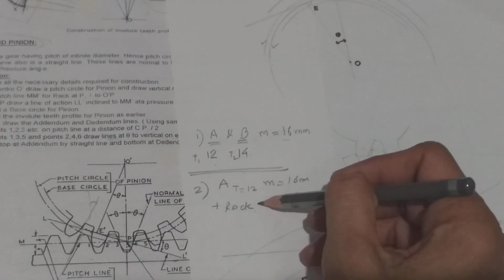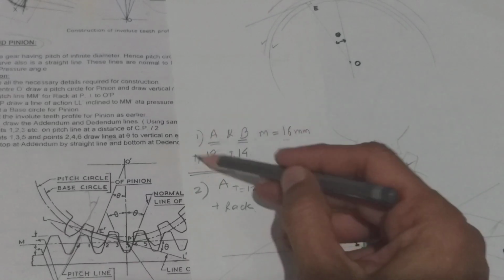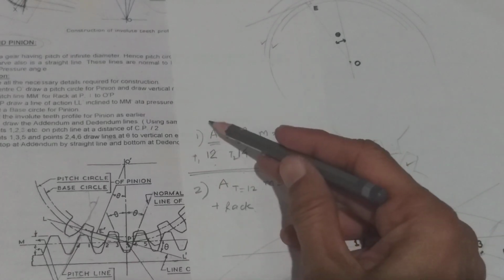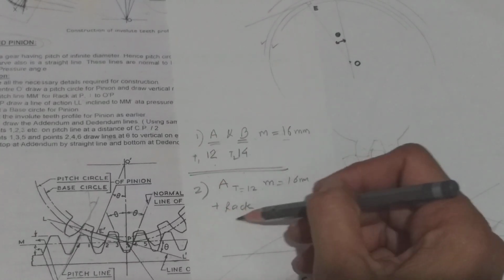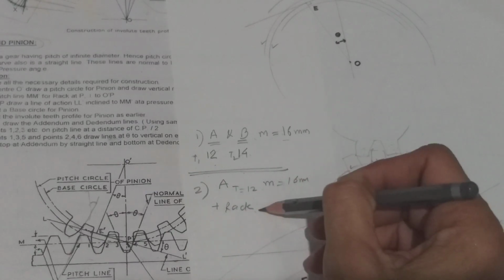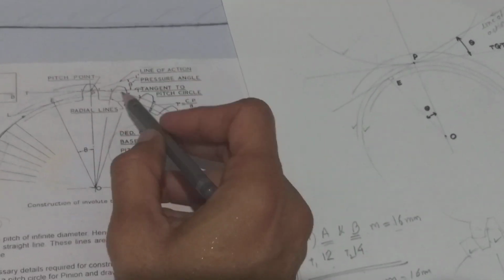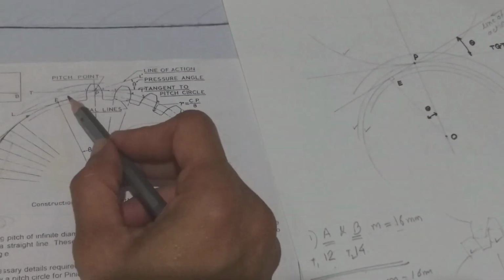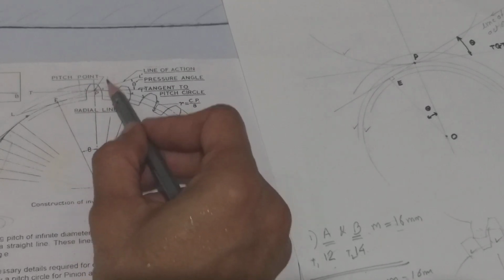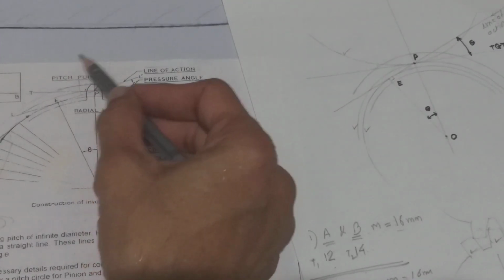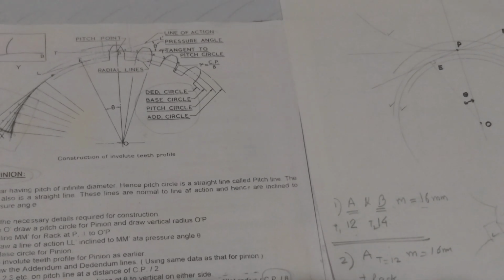These meshing gears, AB, is one gear pair, and then rack and pinion is another pair. So these two things you have to draw, which will look something like this, and the first one will look like this, but here there is only one gear. When you draw, there will be 3 teeth here, and there will be 2 teeth coming from the other side of the other gear here. So that becomes the exercise for this particular drawing sheet, this particular practice sheet.